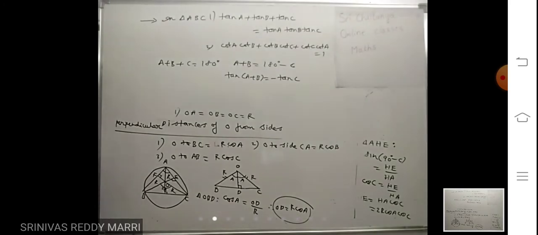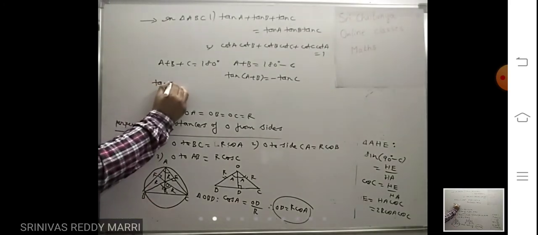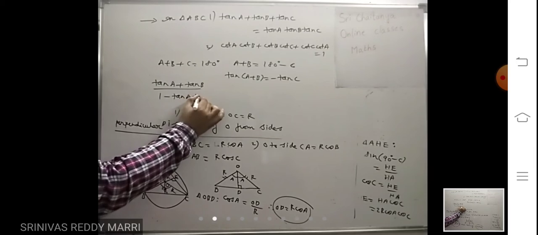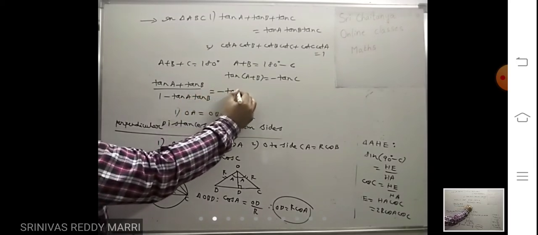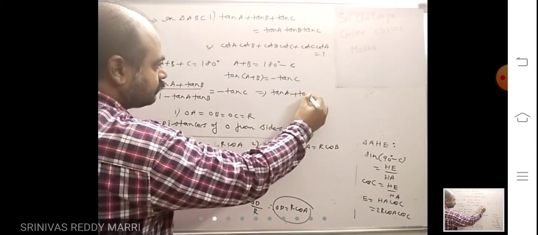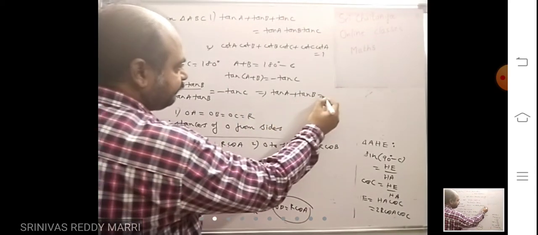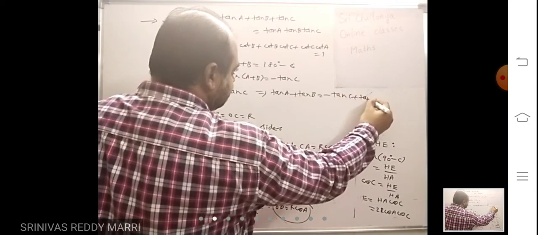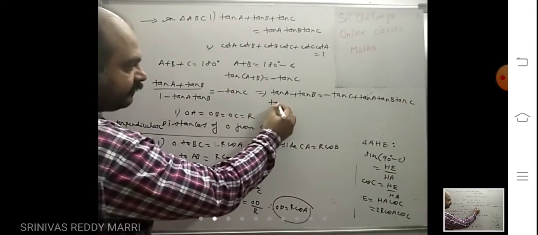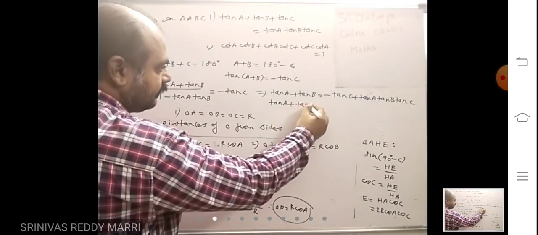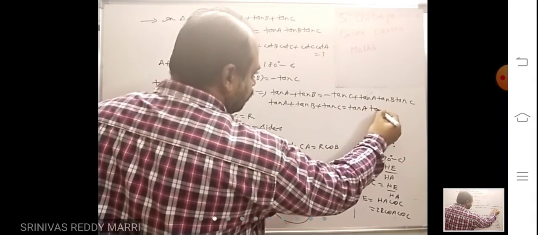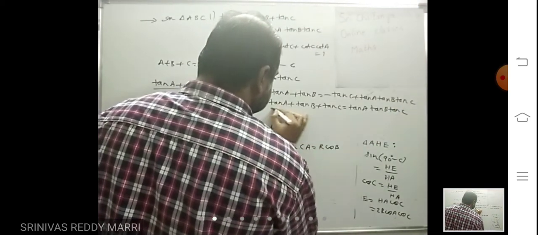Tan of 180 minus C is minus tan C. Now write the tan of A plus B formula: tan A plus tan B divided by 1 minus tan A tan B equals minus tan C. Bring this side, multiply with tan C: minus tan C plus tan A tan B tan C. Therefore you will get tan A plus tan B plus tan C equals tan A tan B tan C. This is the identity.